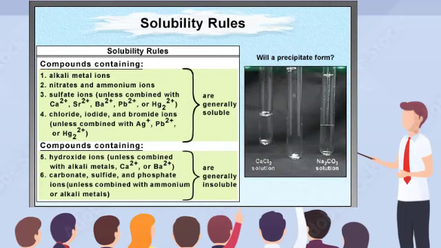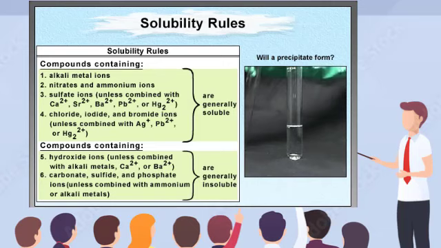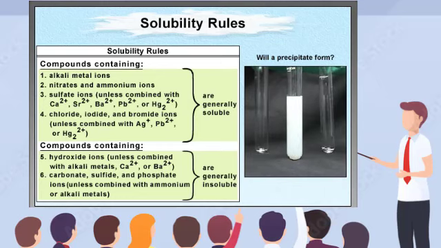Combine the ions to see which compounds are possible. Remember from your previous chemistry knowledge that only oppositely charged ions can combine. Since you determined in the previous scene that sodium carbonate and calcium chloride are soluble, the possible new compounds are sodium chloride and calcium carbonate.